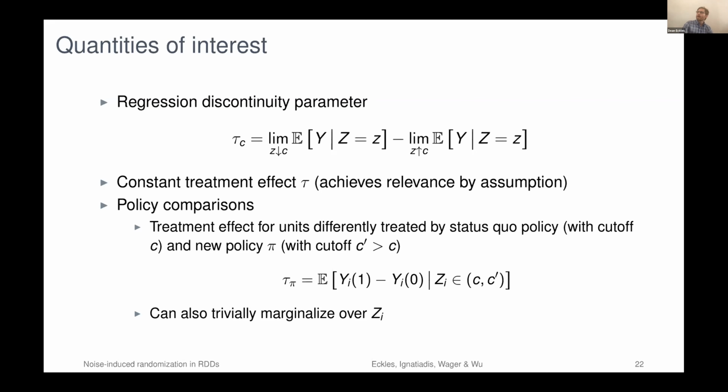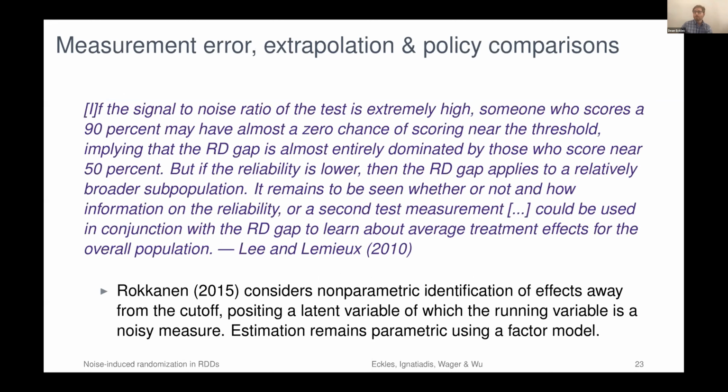So I want to highlight that prior work has definitely noticed that measurement error can give you some leverage here, and particularly some leverage to reason about treatment effects away from the threshold. In Lee and Lemieux, there's a discussion of how, depending on the level of measurement error in the running variable, the gap at the discontinuity might be more or less informative about some larger population.